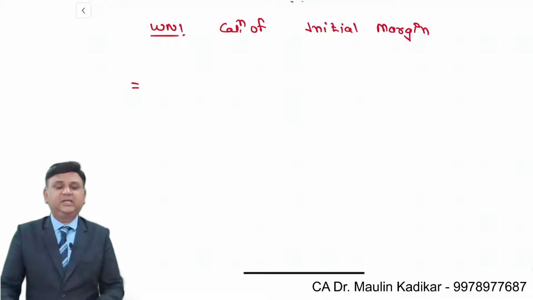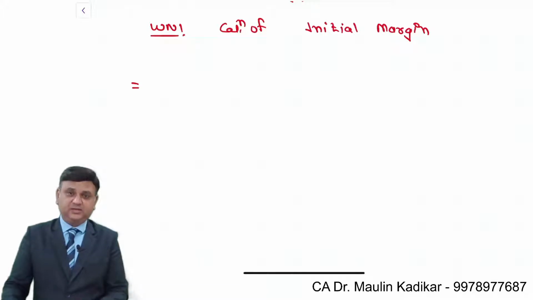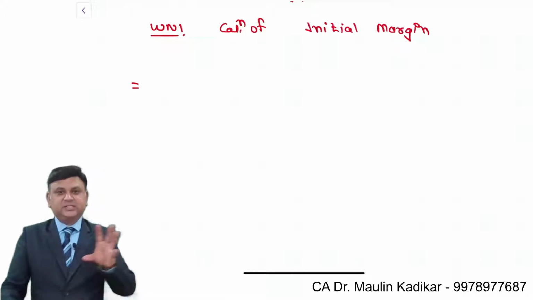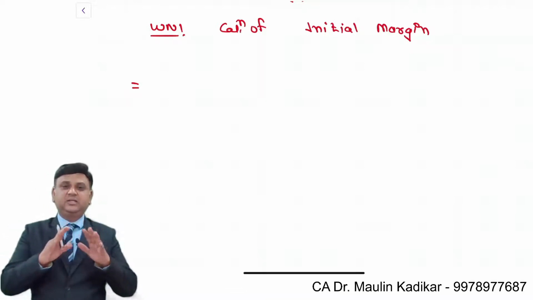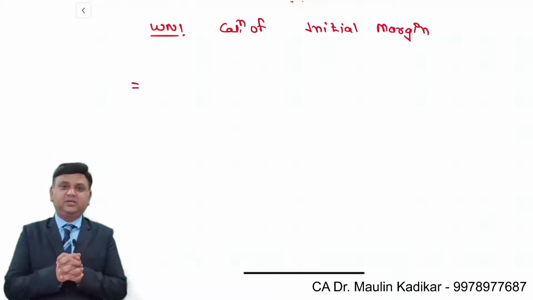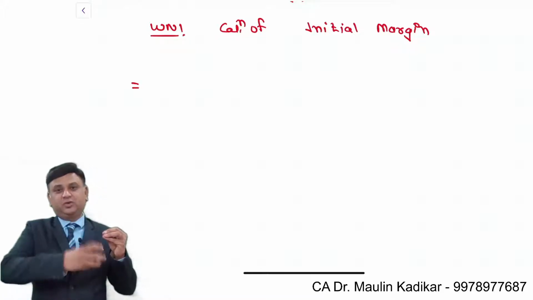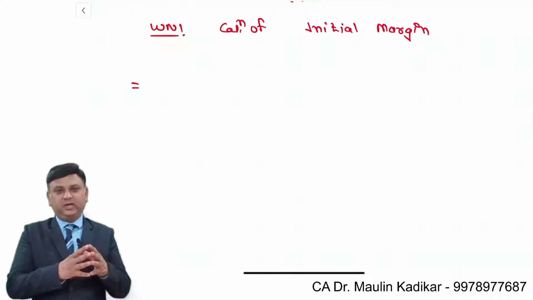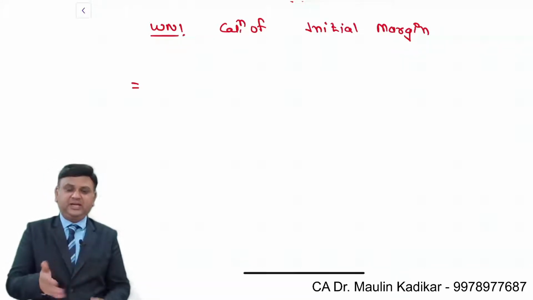Let us understand how to compute the initial margin in this question, because it has not been provided expressly. In all these calculations, we understand logically: if I am the stock exchange, then I will take more margin if the stock has more volatility, and vice versa.